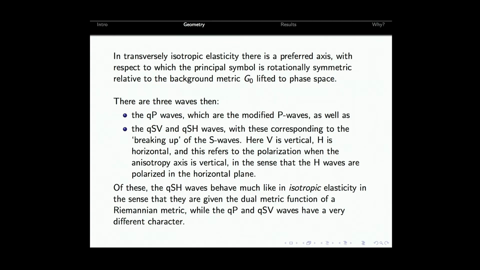Okay, and so what happens in this case is that there will be three kinds of waves. So there are modified P waves, these QP waves that I mentioned earlier, and there are these broken up S waves because the eigenspace breaks up. So this is QSV and QSH waves, and they correspond to different polarizations.